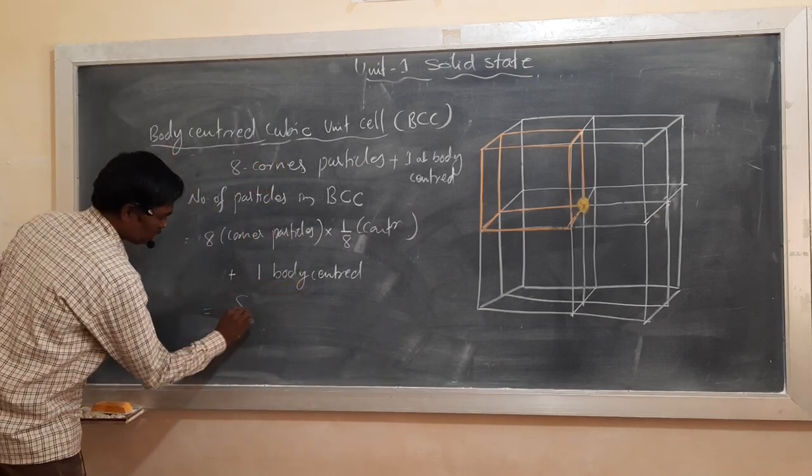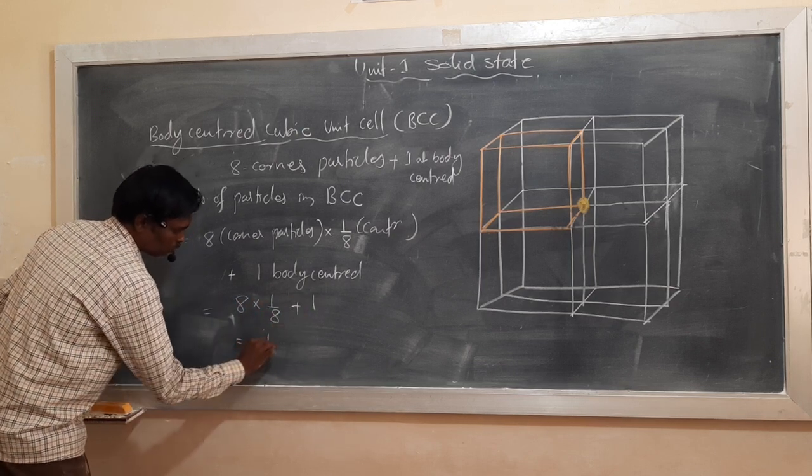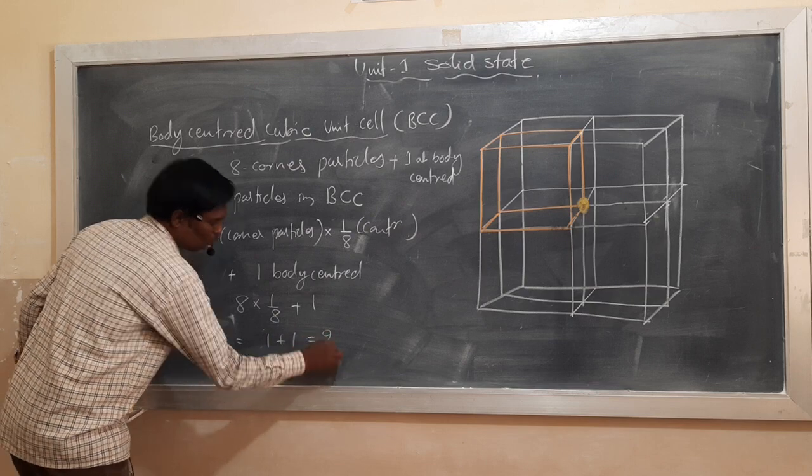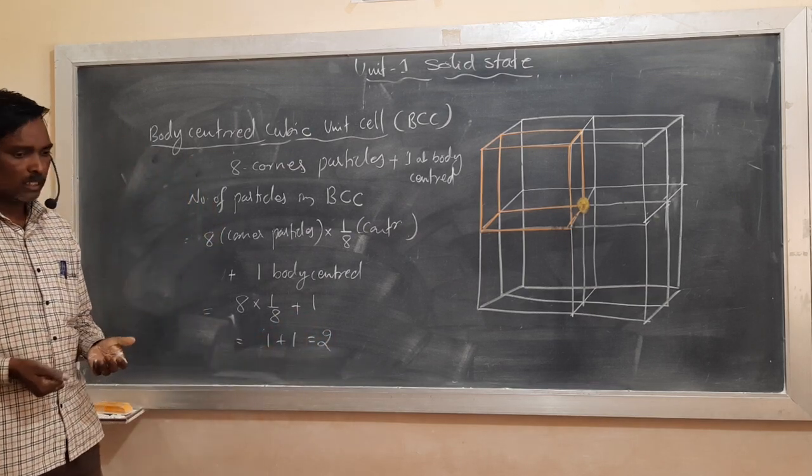If I simplify, this is 8 into 1/8 plus 1, so that is 1 plus 1, equals 2. So 2 is the total number of particles present in BCC.